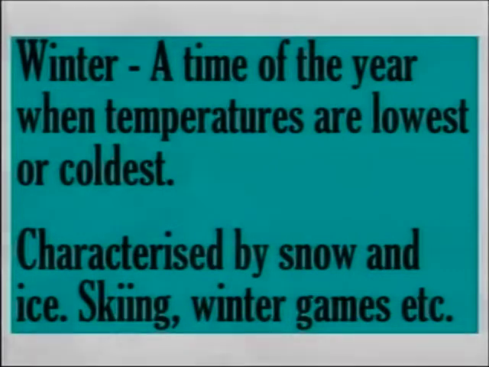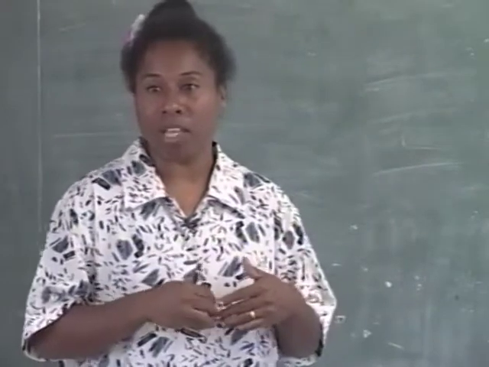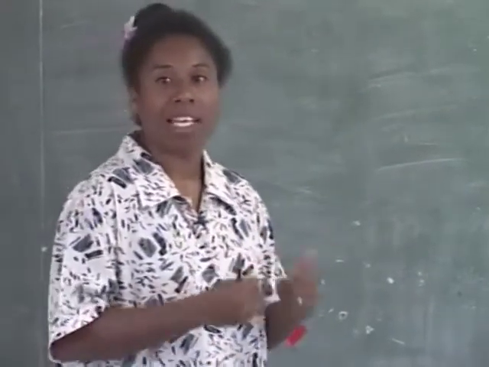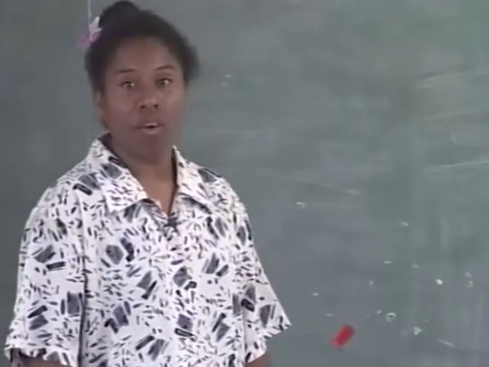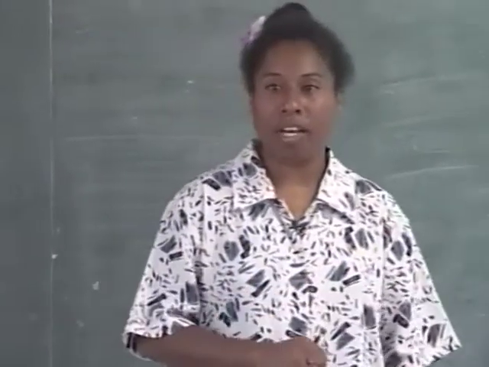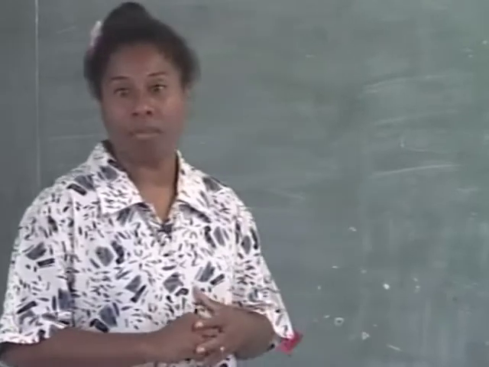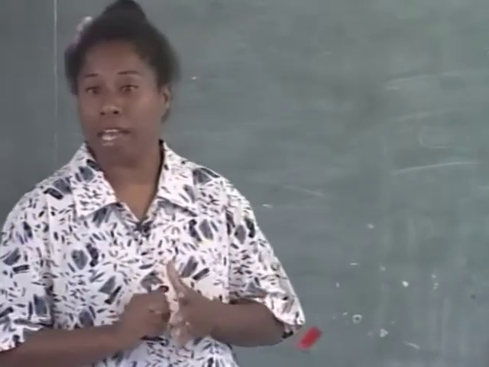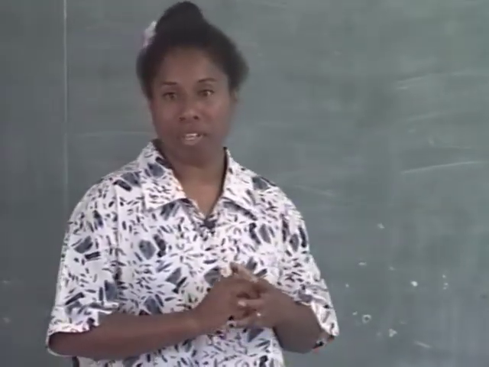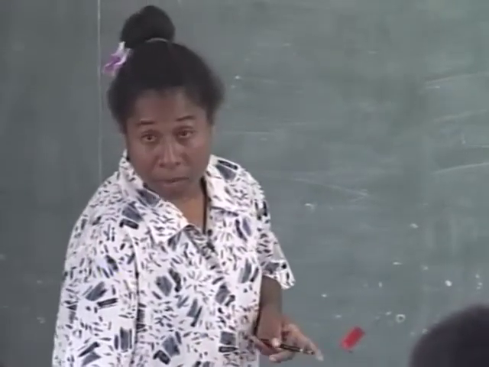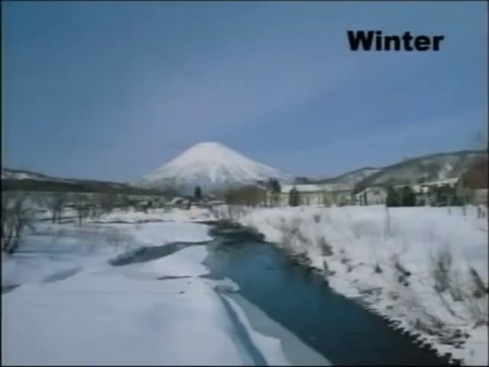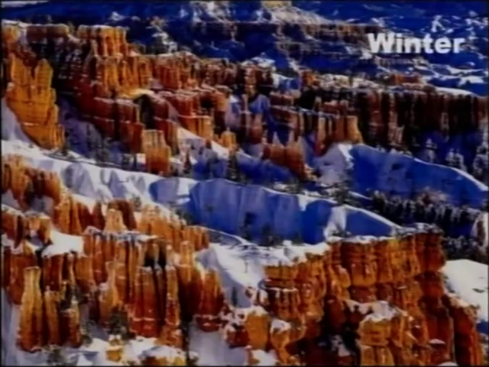We would have to actually read and find out a lot about them and maybe look at pictures to really understand what is actually experienced, and also how to recognize those different seasons which occur, because they are seasons which occur mainly in the temperate regions. Okay, some of the pictures or photographs to go with winter. Again, snow and ice would be the common features that we look at to tell us it's winter.